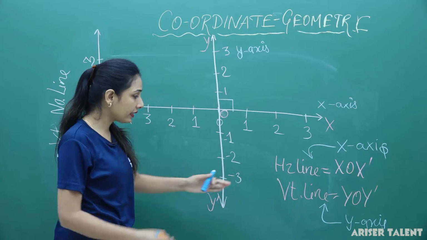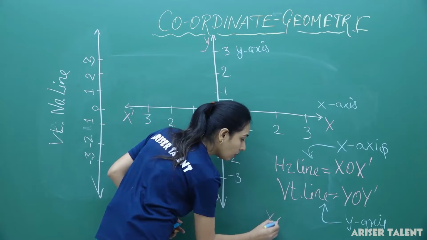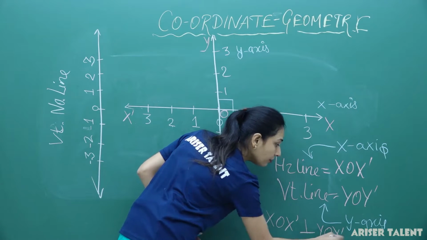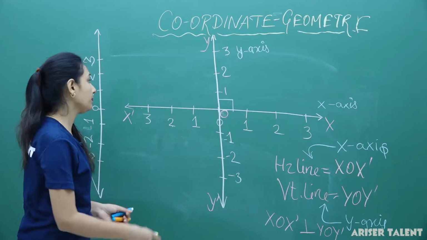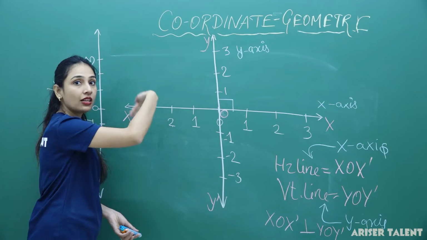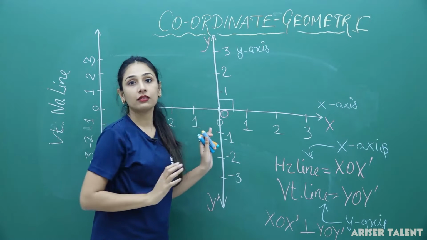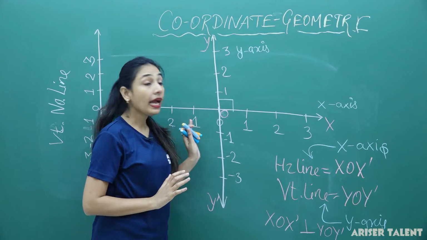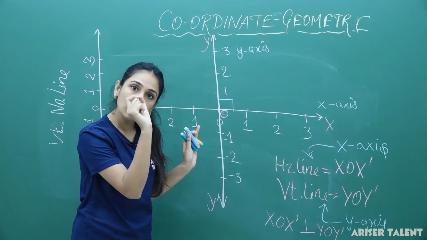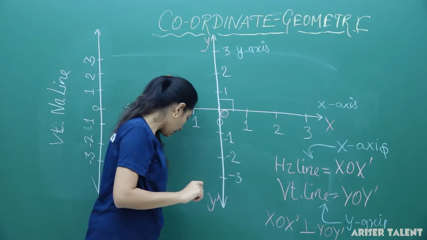So, here I can write that XOX dash is perpendicular to Y dash. Right? Okay. So, this is what I will call my Cartesian axis. Okay. And now, how will I represent a particular point on this? Understand.